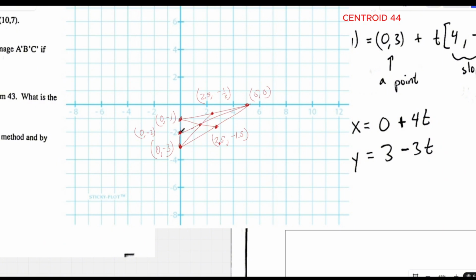To get the length of these medians, I'm going to have to do the distance formula. So I'll just do this one first. Distance formula is the difference of the x's, so I'll do 5 minus 0 squared, plus the difference of the y's, so 0 minus 2 squared. I got 25 plus 4 equals root 29.